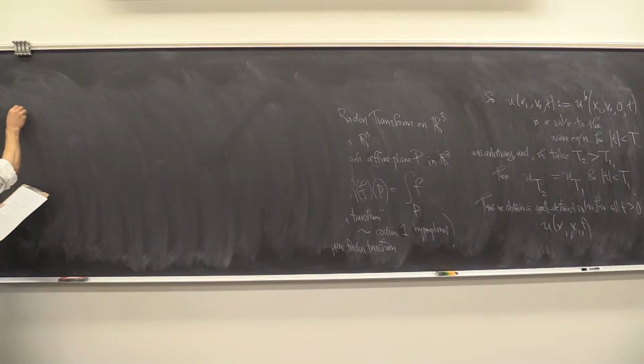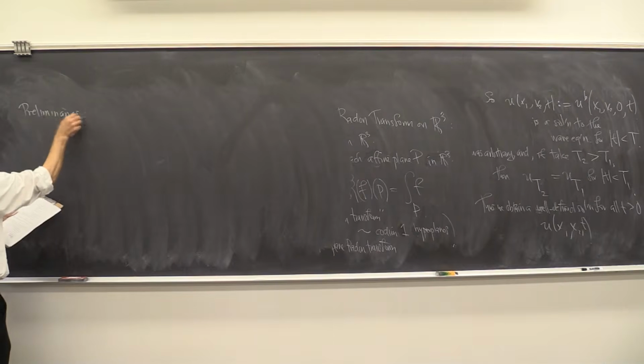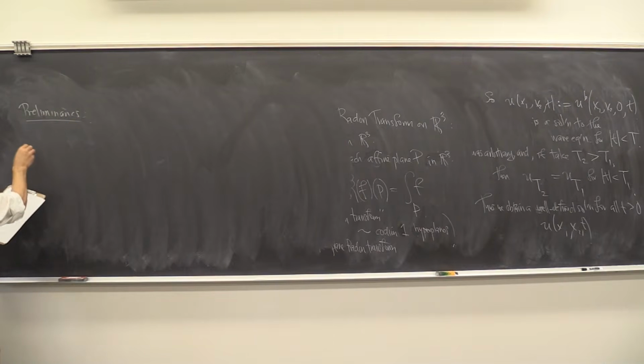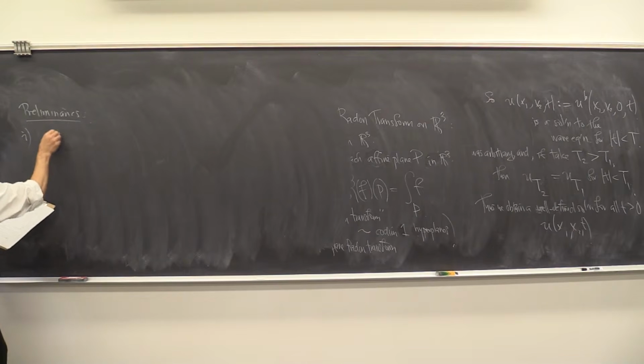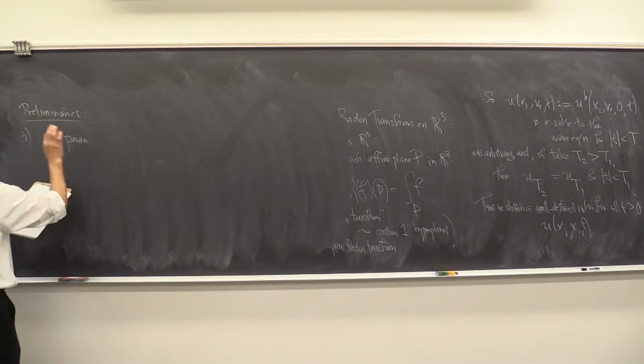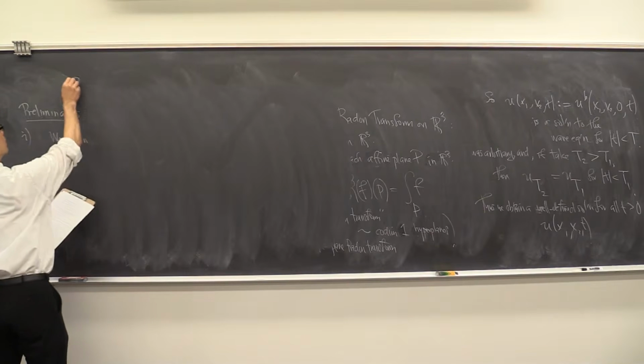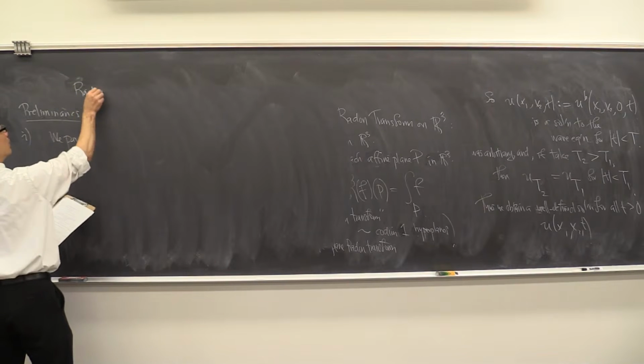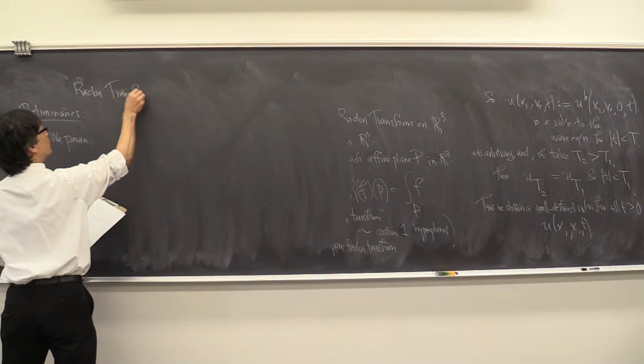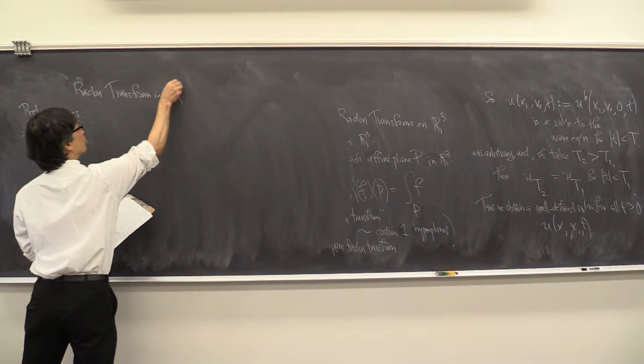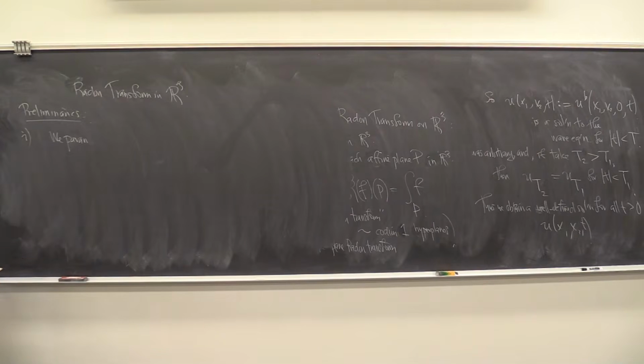Okay, so some preliminaries, not that interesting. We're going to be doing the Radon transform in R3, but the theory, you can do this in any dimension, and you can do it for things of whatever codimension you like.